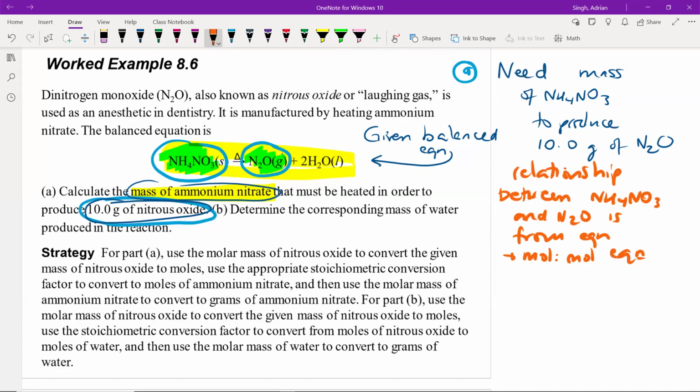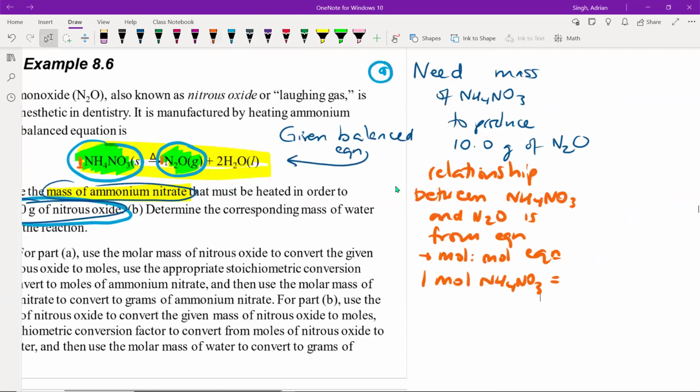In our equation here, it's a 1-to-1 mole ratio. When you don't see a coefficient, 1 is understood to be there. So this tells us that 1 mole of NH4NO3 is needed to produce 1 mole of N2O. That is from the equation.